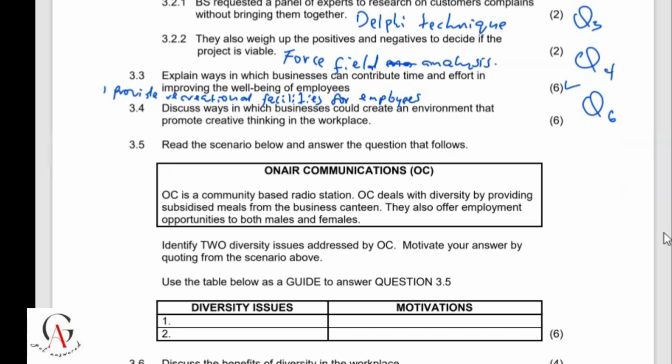So now 3.4 discuss ways which businesses could create an environment that promote creative thinking in the workplace. So now let's check how businesses can create an environment that is conducive for creative thinking. Remember, creative thinking is when a person applies originality in terms of thinking.